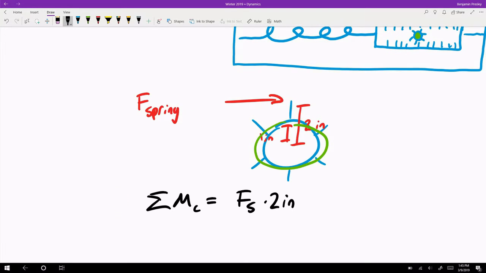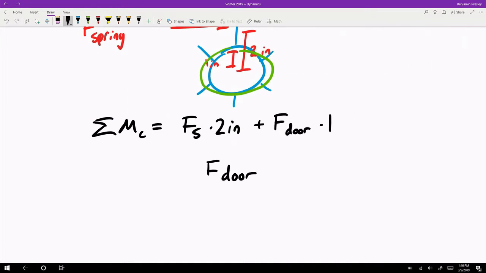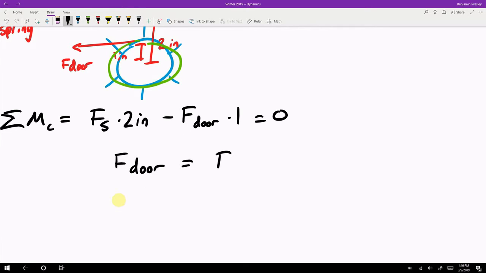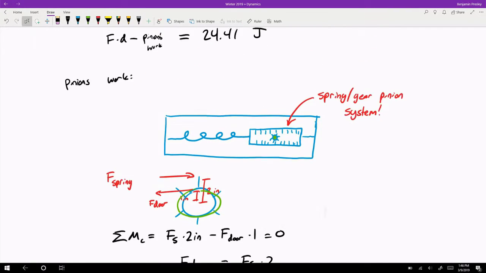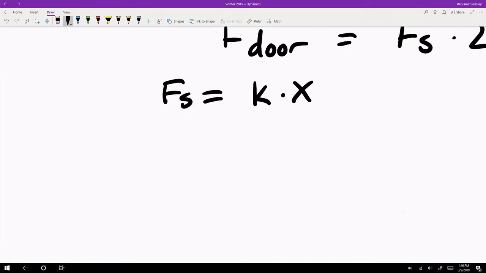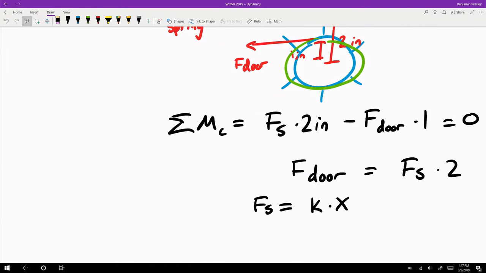Here we are assuming that the pinion is 1 inch thick with gears that stretch out 2 inches from its center. This lets us set up a moment equation for the force spring and the force of the door arms on the pinion. So what we see here is that force spring is equal to the constant times the distance it travels.